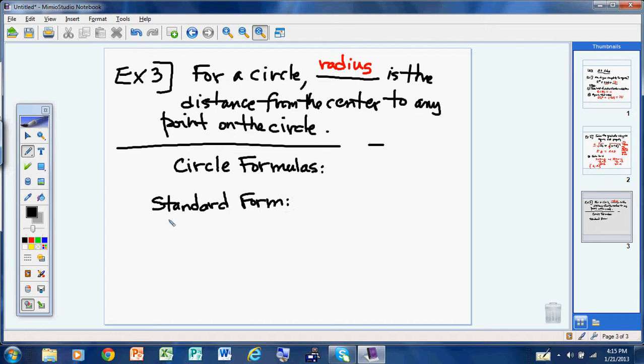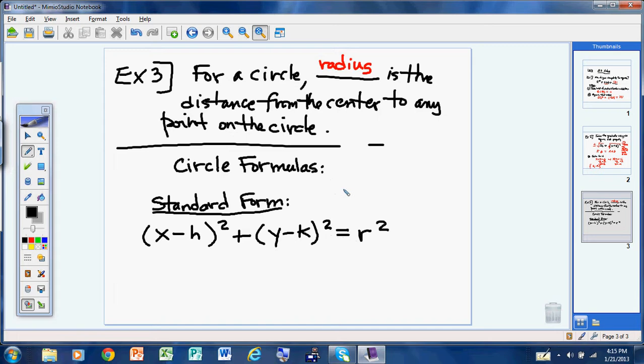And the standard form looks like this: x minus h squared plus y minus k squared equals r squared, where h and k represent the center point, and r is the radius.